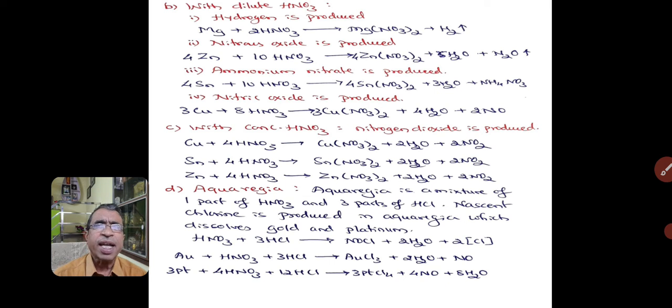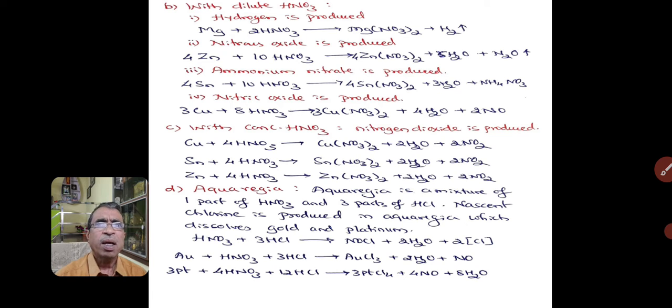With dilute nitric acid, it produces hydrogen with magnesium, nitrous oxide with zinc, ammonium nitrate with tin, and nitric oxide with copper.